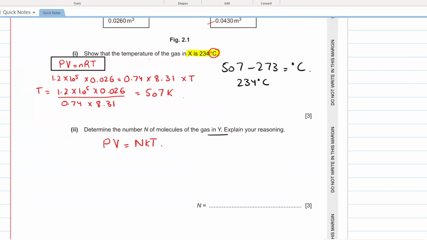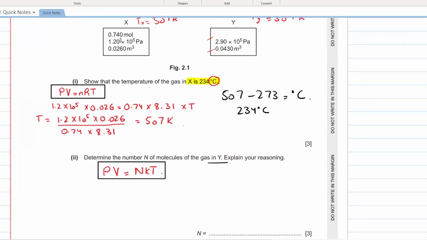There are two formulas for an ideal gas: PV = nRT and PV = NkT. Whenever you are given the number of moles, small n, you will apply PV = nRT. However, when you are given the number of molecules, capital N, you will apply PV = NkT. Simple as that.